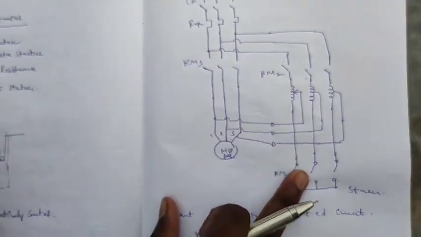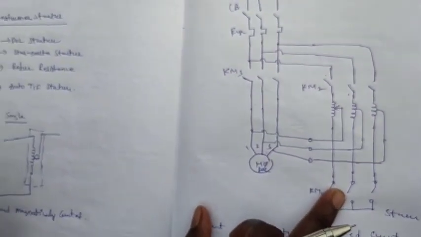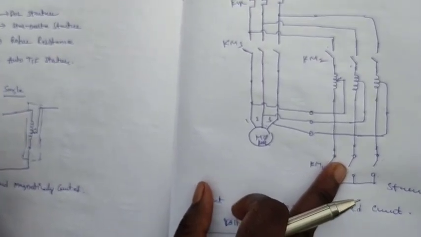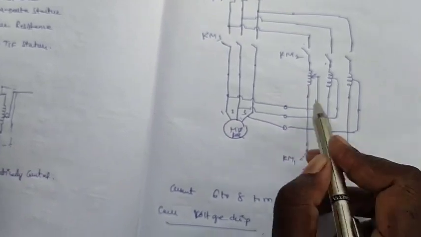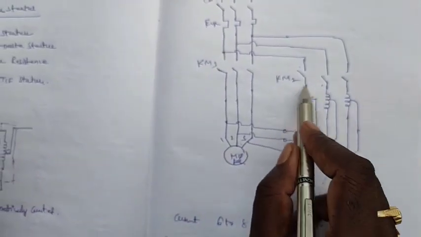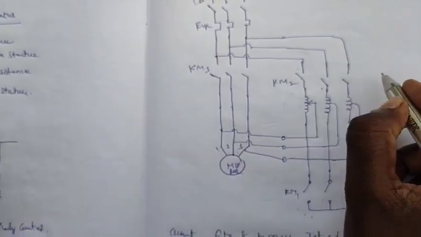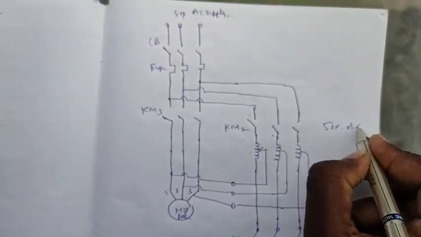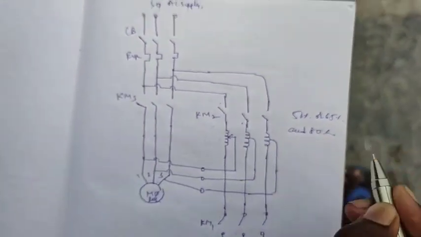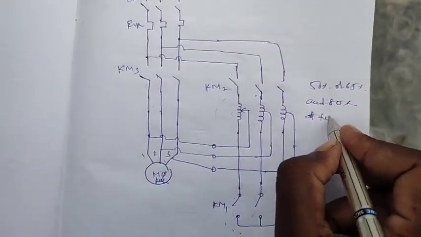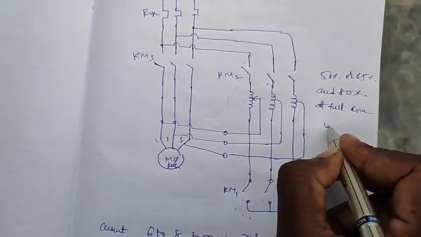In this arrangement, the starter and induction motor get reduced voltage. The value of the voltage depends upon the ratio of the tap selected, that is 50% or 65% and 80% of full line voltage.